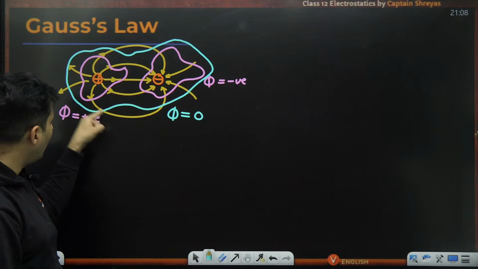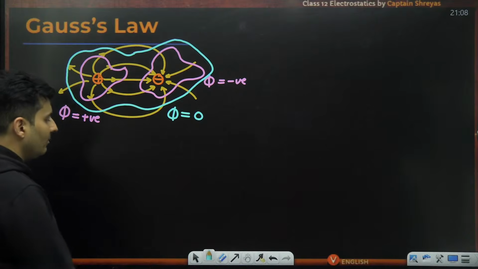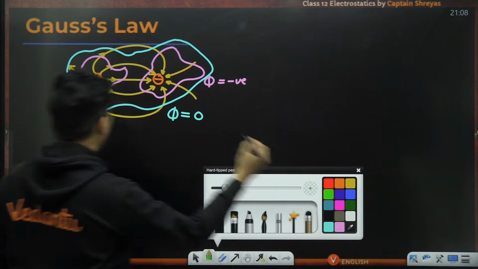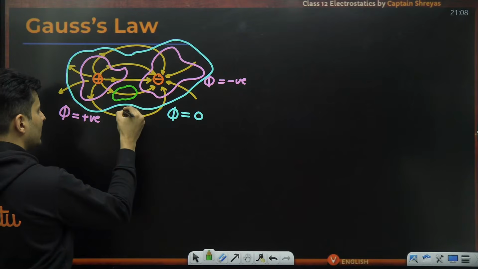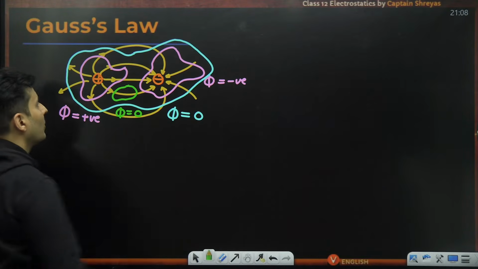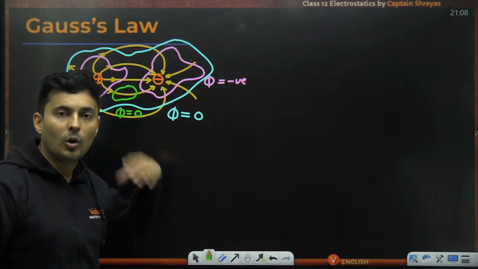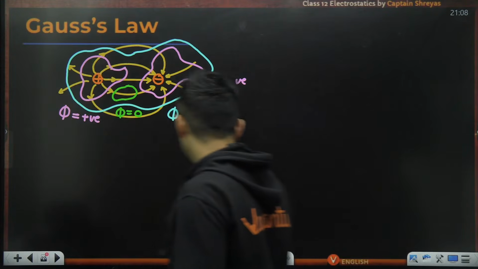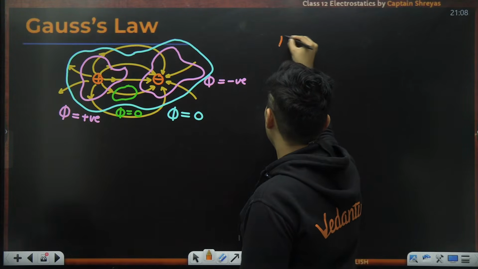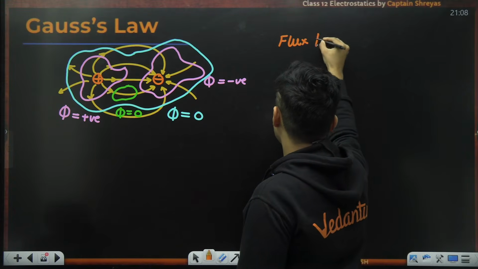If somebody decides, okay, I'm going to choose some surface over here, it does not include any charge, that flux is also zero.